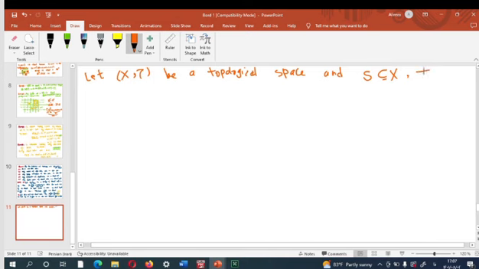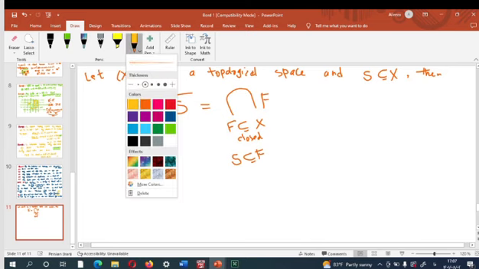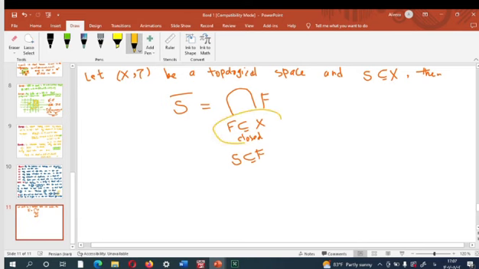Then the closure of S is defined by this, the intersection of F such that F is a closed subset of X and S is a subset of F, so this F has two properties.